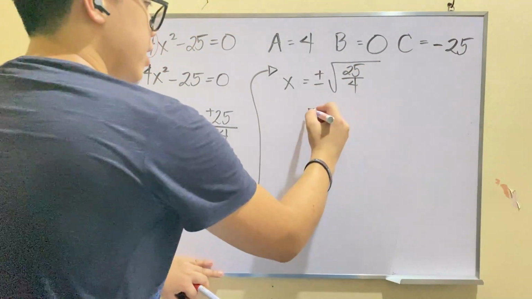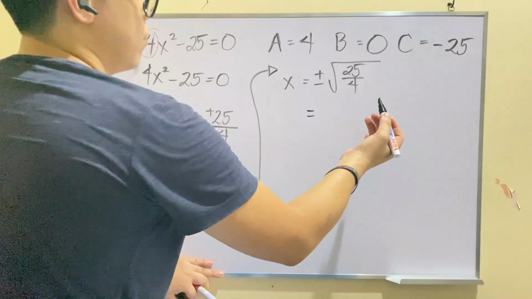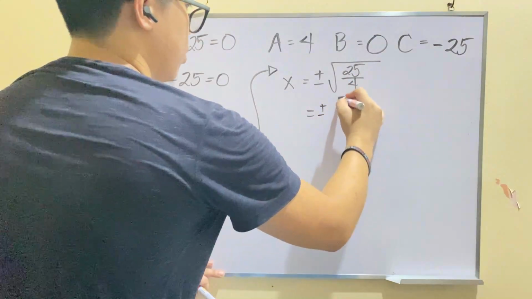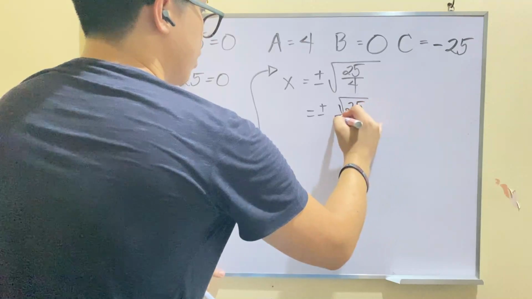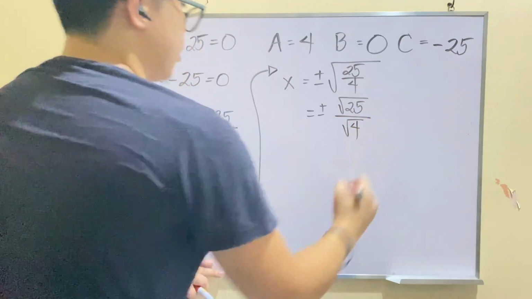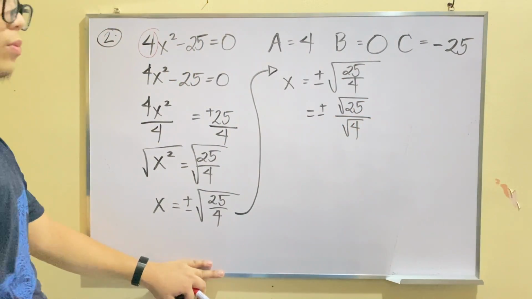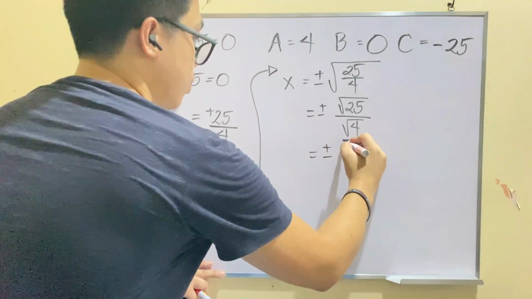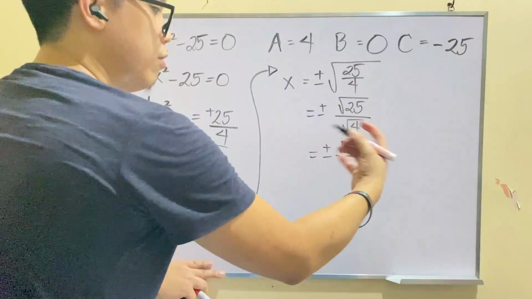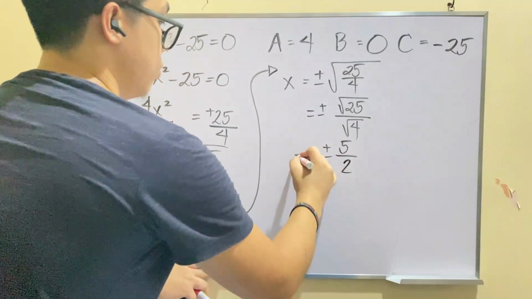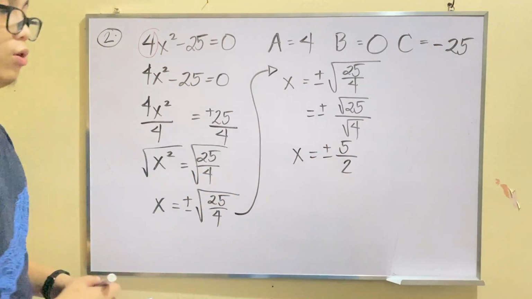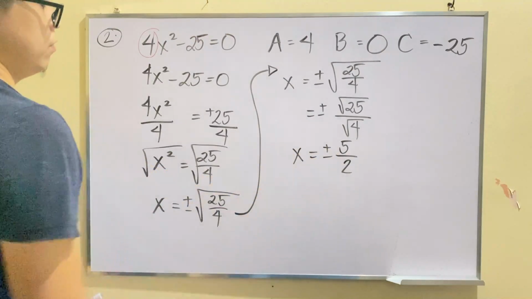So, para mas madali na malaman ang square root ng 25 over 4, so positive, negative square root ng numerator divided by square root of denominator. Ano ang square root of 25? So, it is 5. Square root ng 4 is 2. X is equals to positive or negative 5 over 2 or 5 halves.